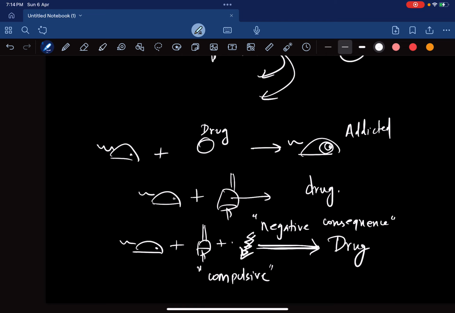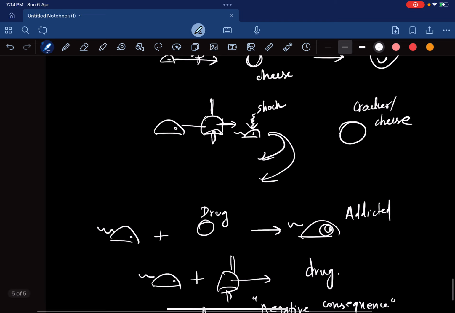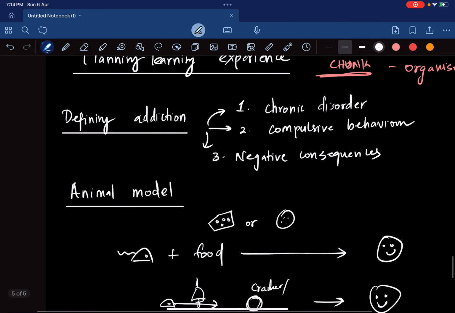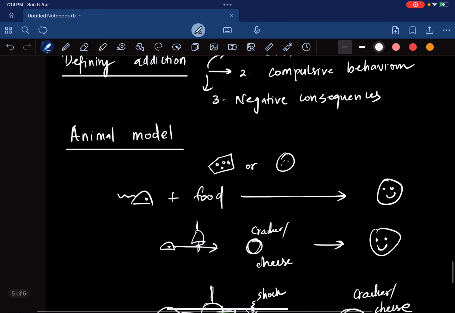I'd like to pause here for a minute and see what I've just demonstrated. I've not only explained to them what addiction is, I've given them an example. This makes the students form a mental representation.